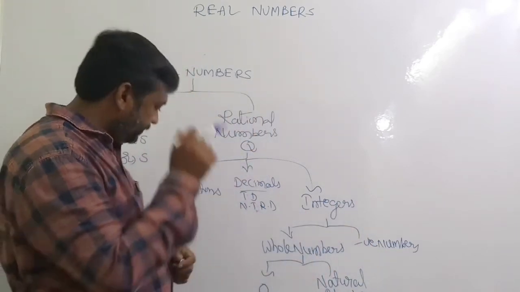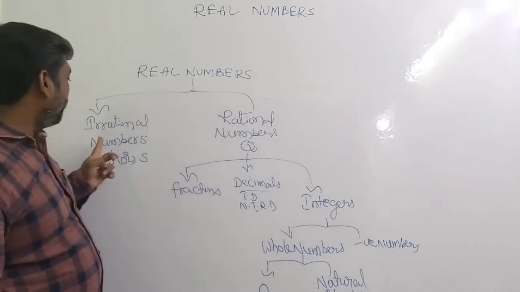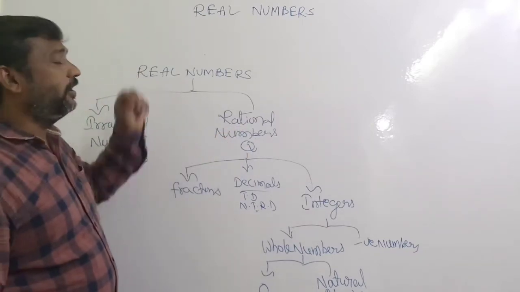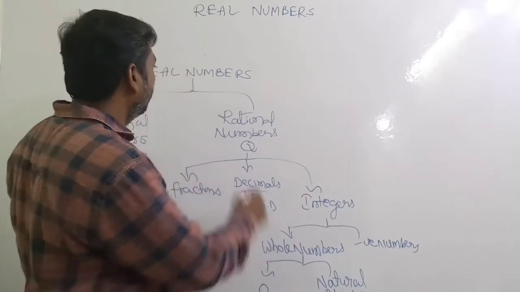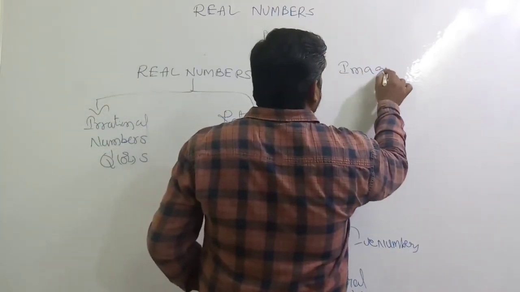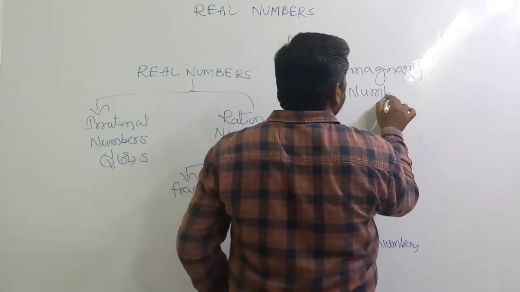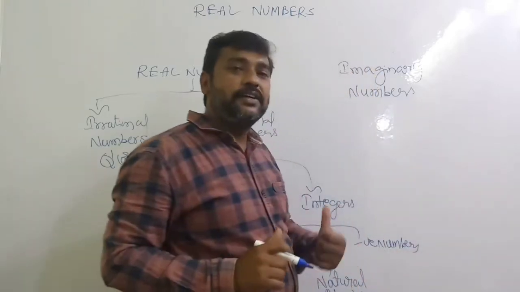Now a question arises: when a number is not rational, we call it irrational. Then what do you call a number that is not real? We call it an imaginary number. These imaginary numbers are beyond the scope of our textbook.